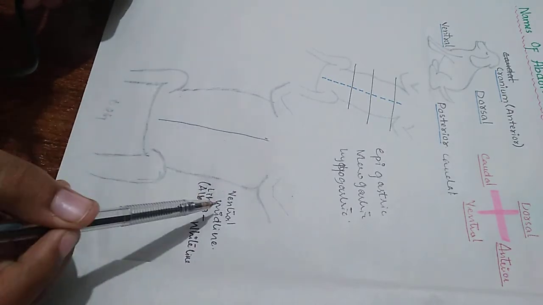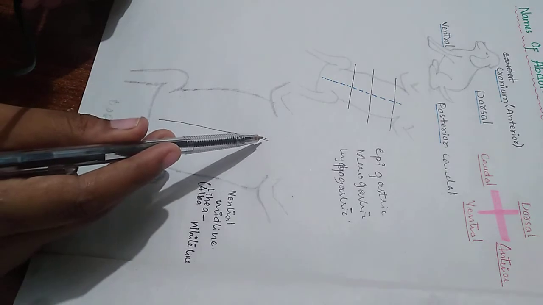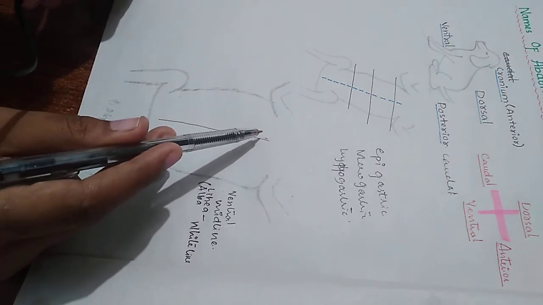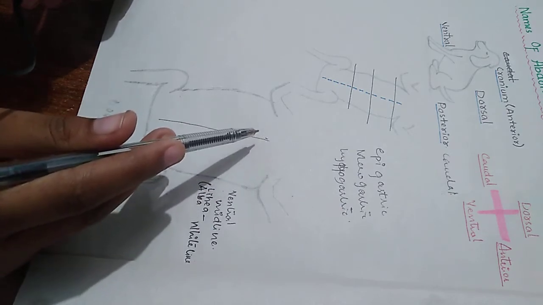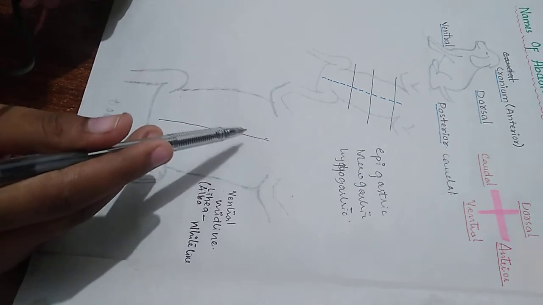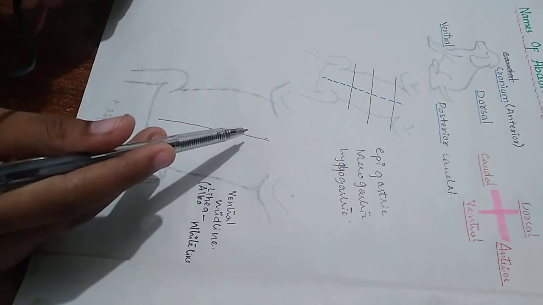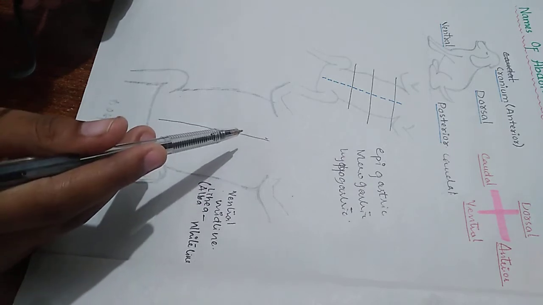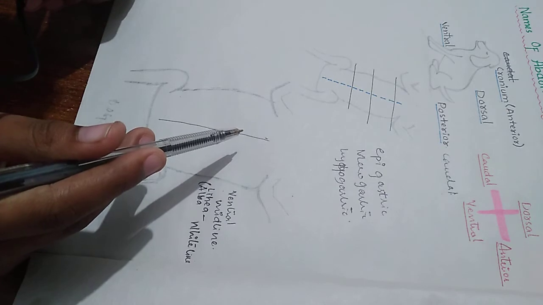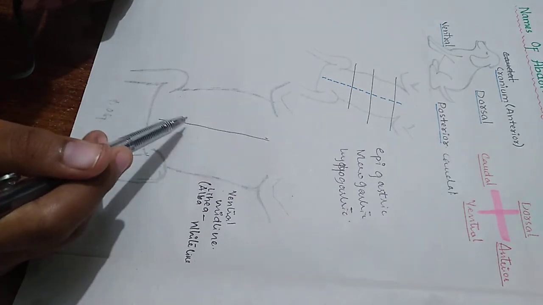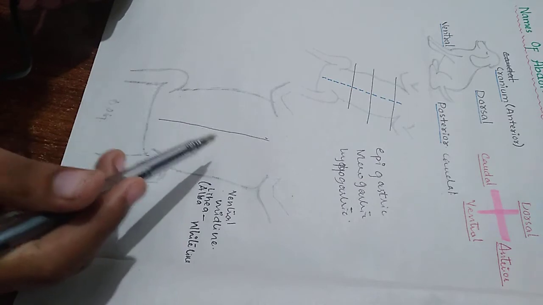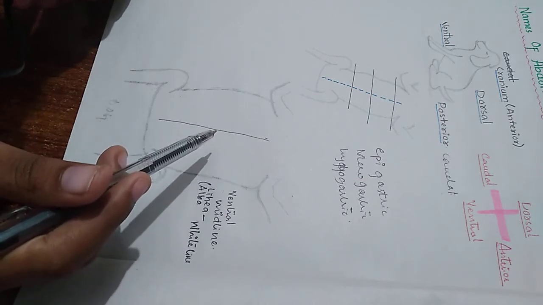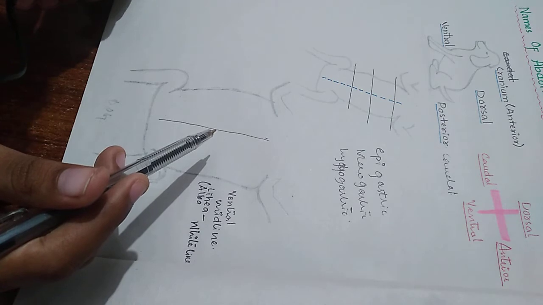The linea alba starts from the proximity of the xiphoid process of the sternum, right? It starts from there, and it ends at approximately the pre-pubic tendon, right? Pre-pubic means before the pubic area of the animal. So it is very helpful in holding the muscles of the abdomen together, right?